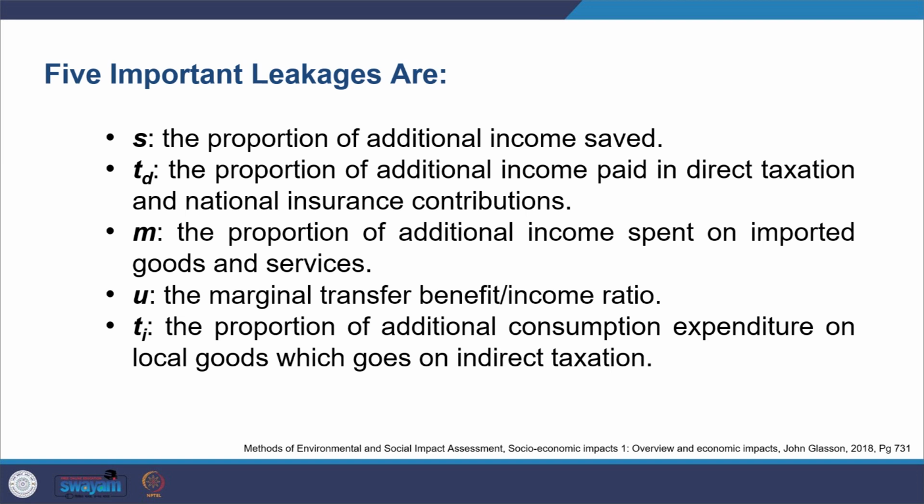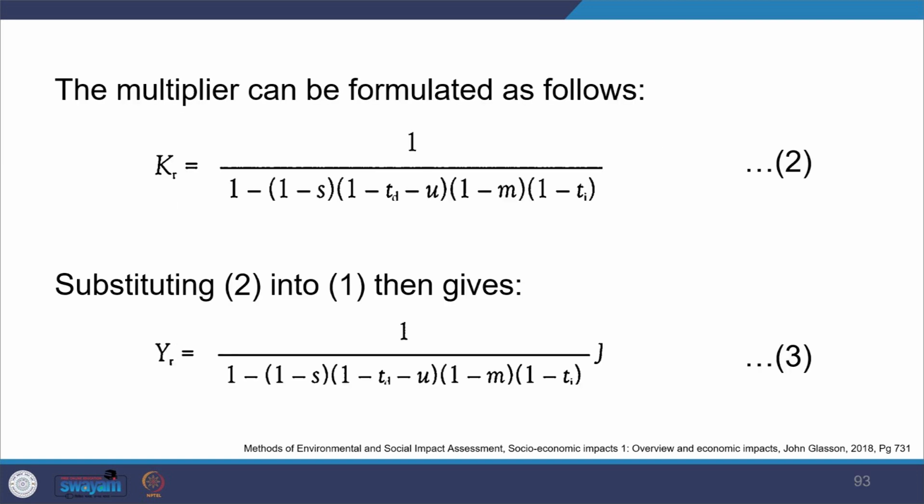Then there are marginal transfer benefits, where they would send money home to their native places, and the proportion of additional consumption expenditure on local goods which goes to indirect taxation also. So those kinds of leakages can happen. Usually these are all summed and divided in the formula, so that way you can have a realistic estimation of that.